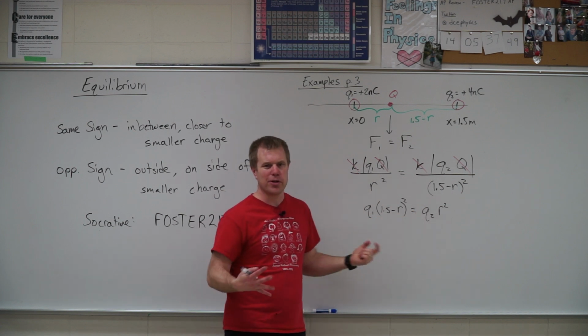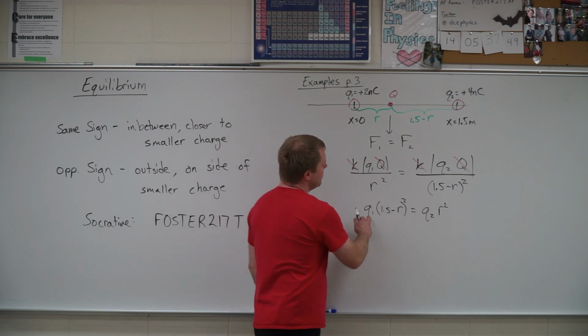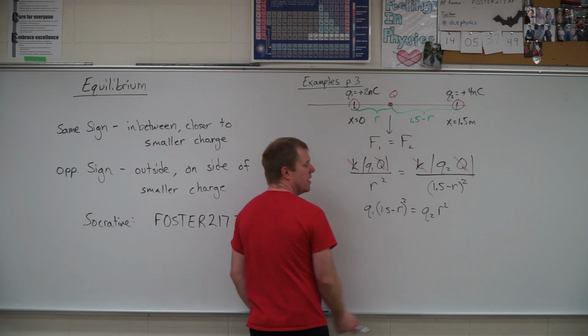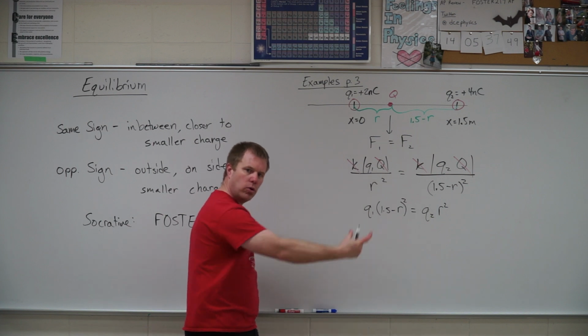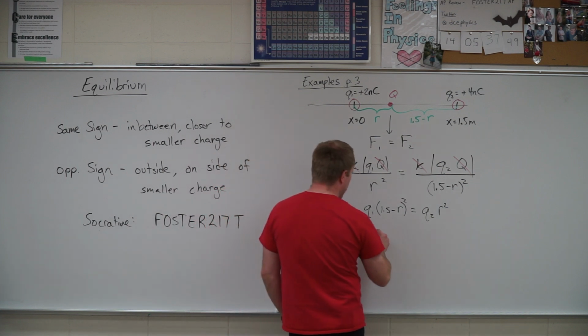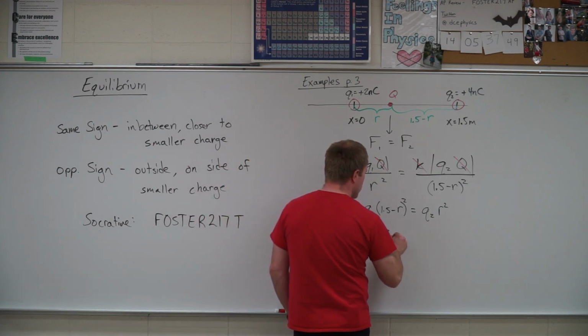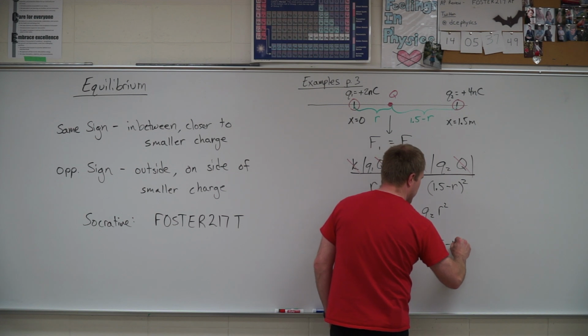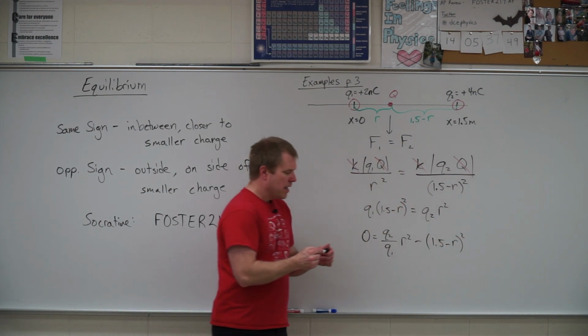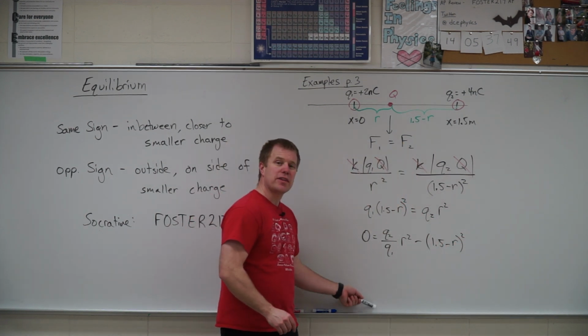They'll cancel out for you when you do that. So I will divide the Q1 over, and then subtract that whole squared term over. So now I have 0 equal to Q2 divided by Q1 times R squared minus the quantity of 1.5 minus R squared. And now I just need to put that on my calculator.